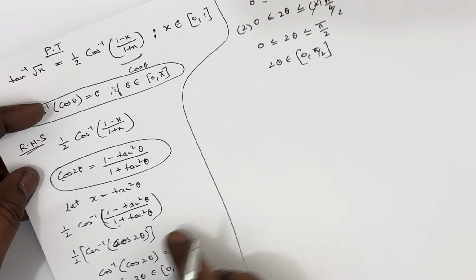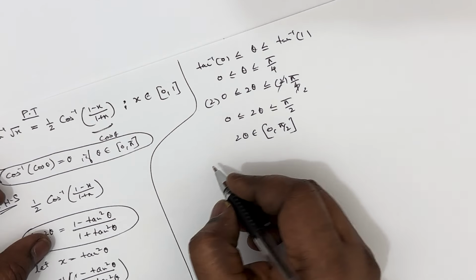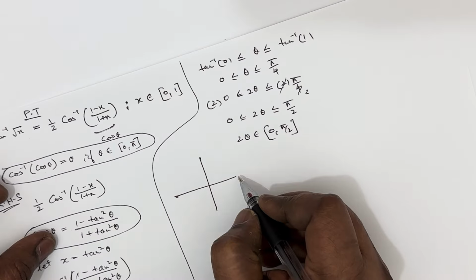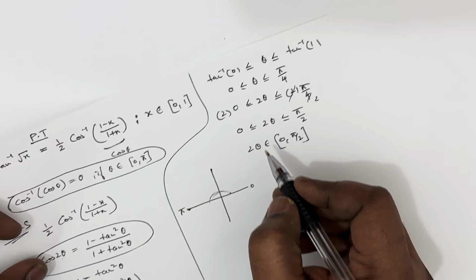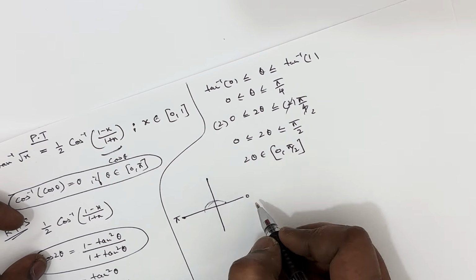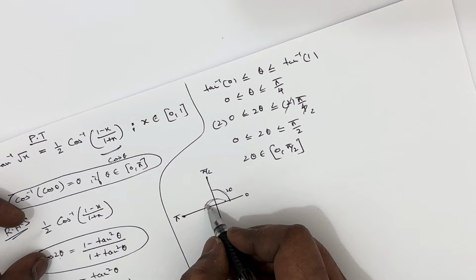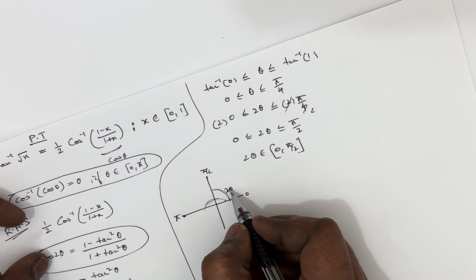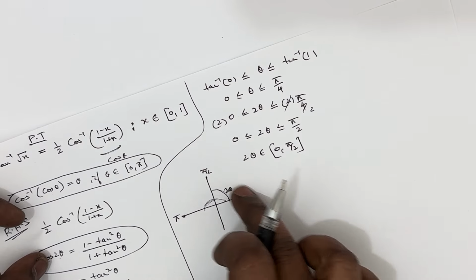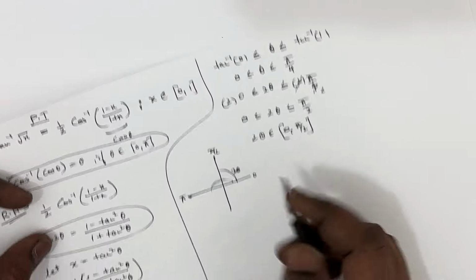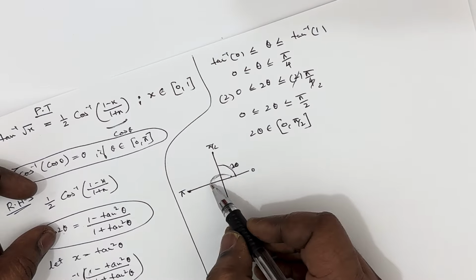Now the range of cos inverse is 0 to pi. In the circle, this is 0 and this is pi, so this is the range of cos inverse. But here 2 theta is from 0 to pi by 2, which is the range where 2 theta belongs. So this is inside the range of cos inverse, and 2 theta is a subset of this range.